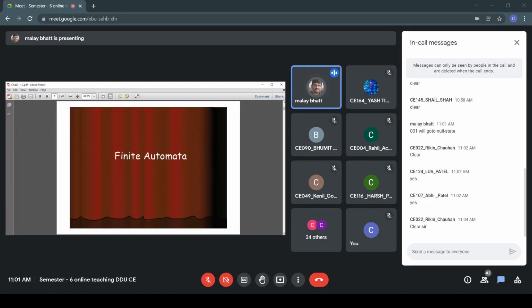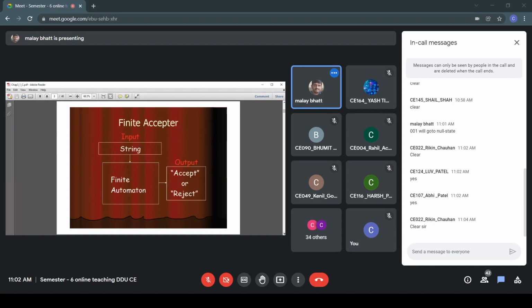So let us understand what is a finite automata. We'll define the term finite automata in this session and various parameters of the finite automata.